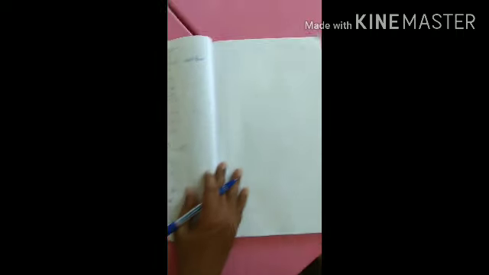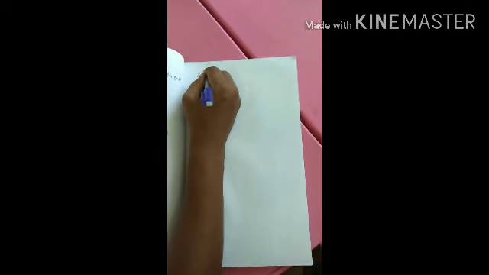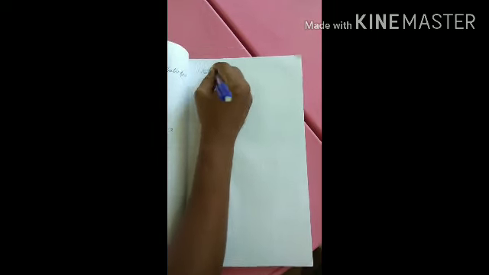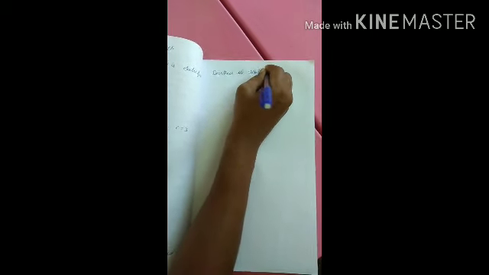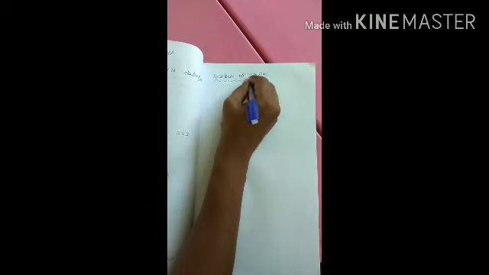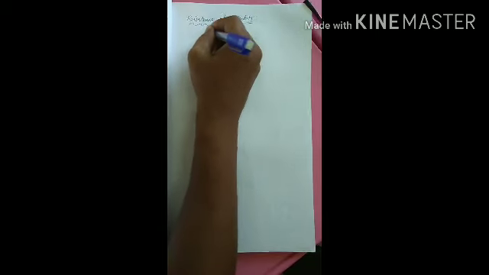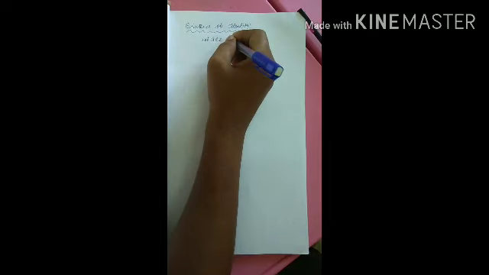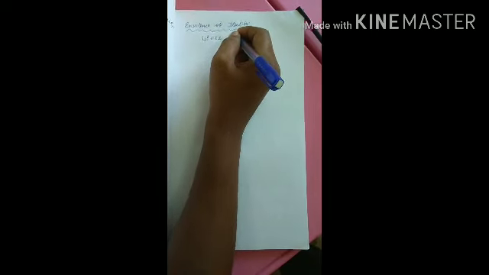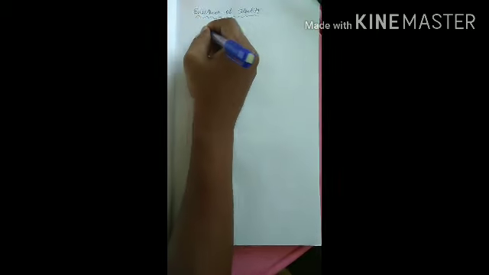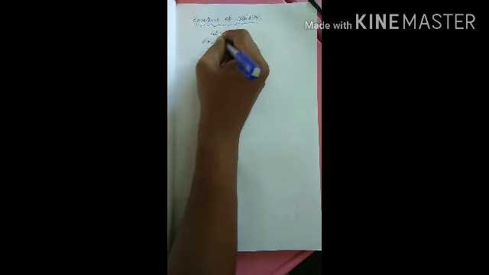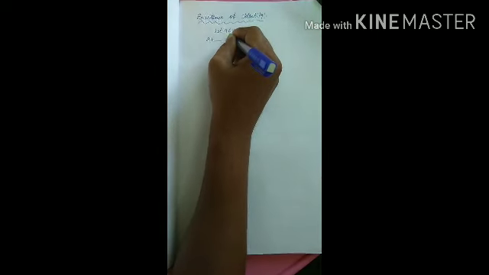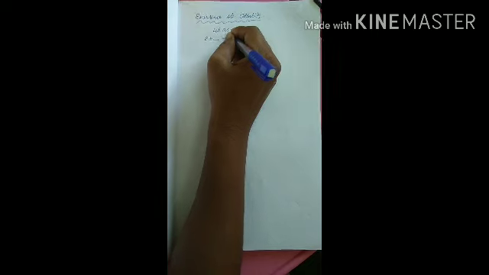Next, move on to the existence of identity. Let A belong to Z. Here existence of identity is a condition: A plus, we can add any integer, then get back the same number, that is A. A is the original number.